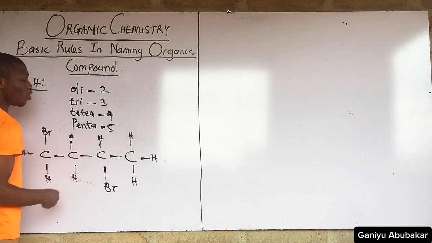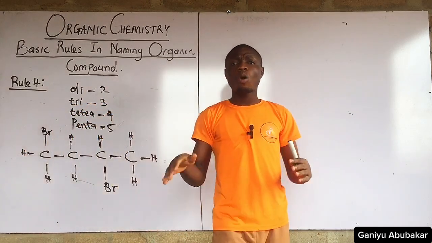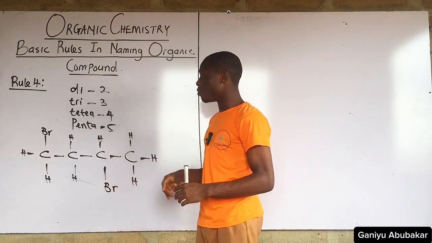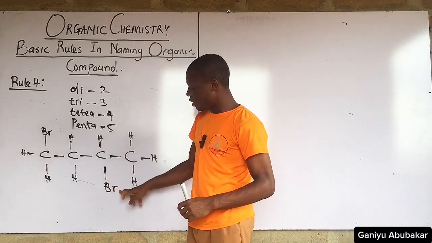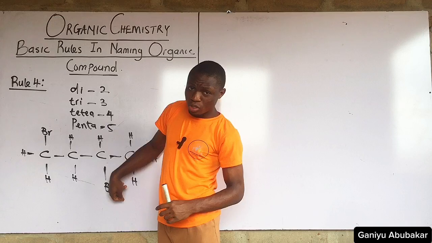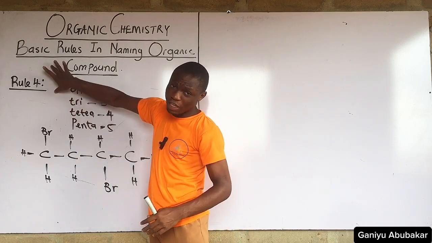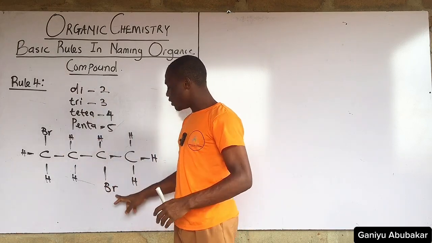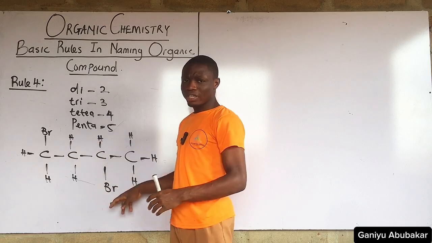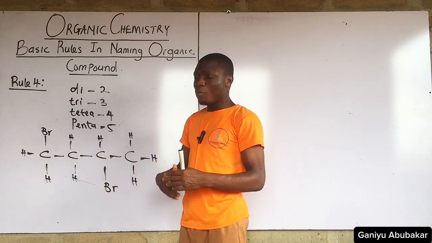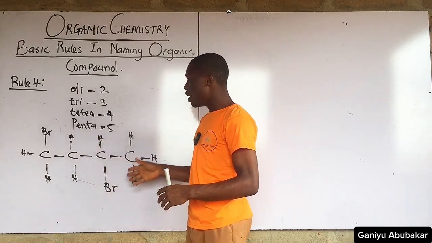Balanced. Let's name this compound. How do you name this compound? Observe that the substituents in this compound are bromine. I have just 2 bromine here, so this becomes a case of rule 4, and you call this one a di. These are 2 bromine. They are the same, but they occur more than one time.